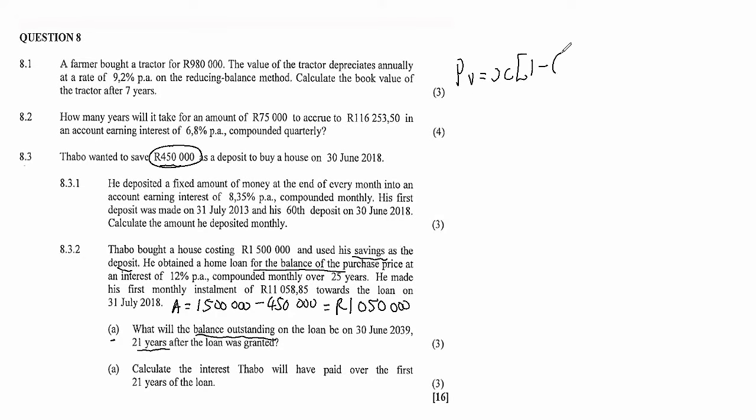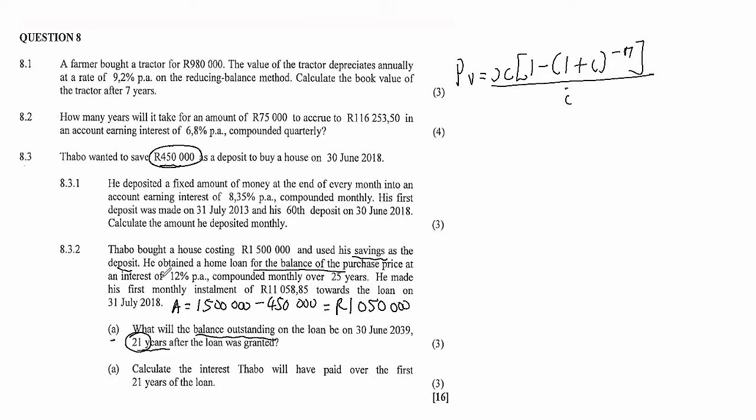All you have to understand with using the formula is that for n here, I will not be substituting the number of months in 21 years. In fact, I will have to substitute the number of months remaining in order for the loan to be paid off, right?